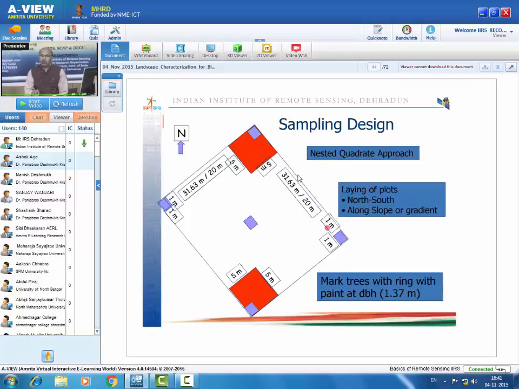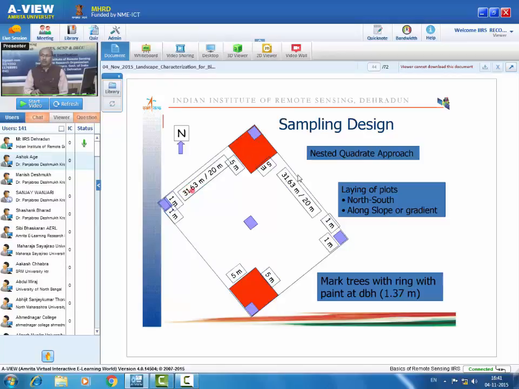This is just to show you how we go to the field and lay sample plots. The bigger square, you can see, is basically to enumerate the tree species. The red one is a 5 meter by 5 meter plot for sampling or enumerating the shrub species. And you can see the cyan color, or let us say light blue color, these are 1 meter by 1 meter sample plots for enumerating the herbaceous plants.